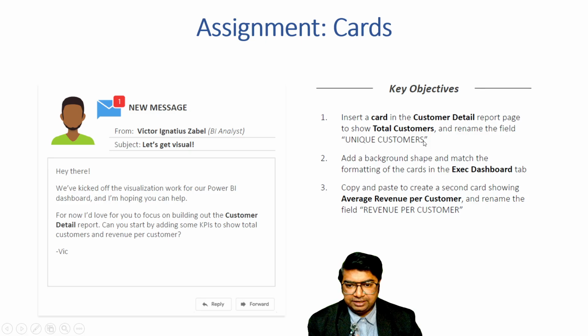For the background shape, you can just match the formatting as you did in earlier videos, the one I did in the executive dashboard tab. Second, you need to copy and paste the card and show the average revenue per customer, and rename it as revenue per customer. That is the assignment. Let's open Power BI and do that together.